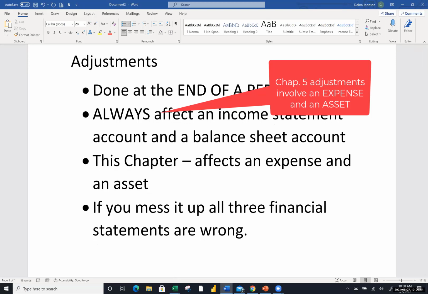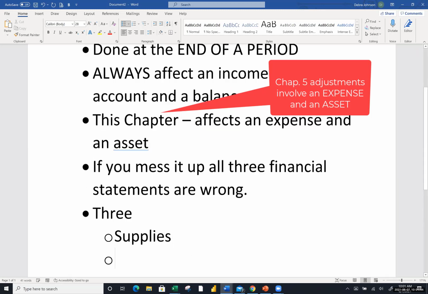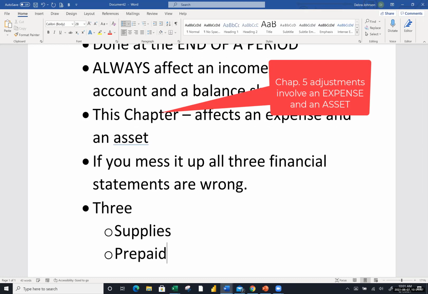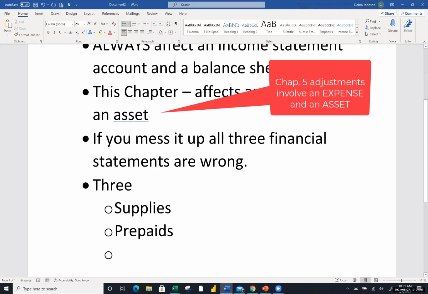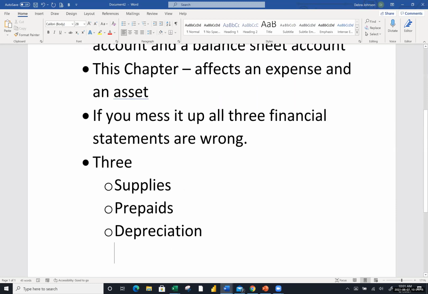So the author is going to introduce you to 3 adjustments. We're going to be doing 3. So in your notes, the first adjustment is going to be for supplies. The second one is going to be for the prepaids. And the third one is going to be for depreciation, a word that you may have heard, but you may not understand what it means from an accounting standpoint.